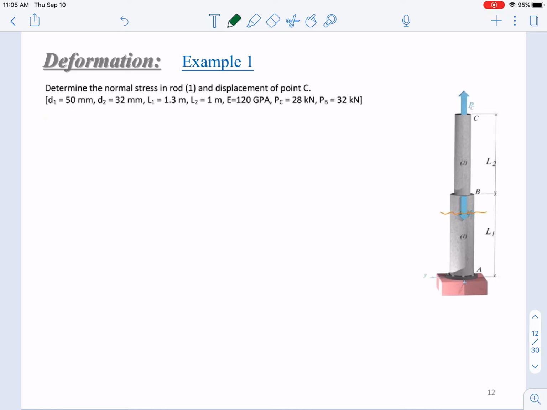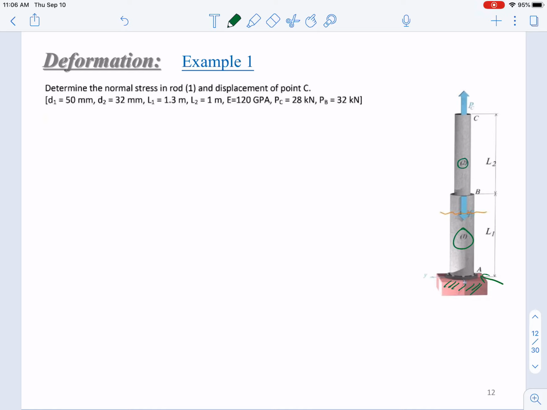Strictly speaking, it's not a column, but let's call it a column. It has two sections fixed to the bottom, the pink parts. We will assume that at point A nothing happens, so A is a fixed end. Then you have these two sections: AB, we call it section 1, and BC, we call it section 2.